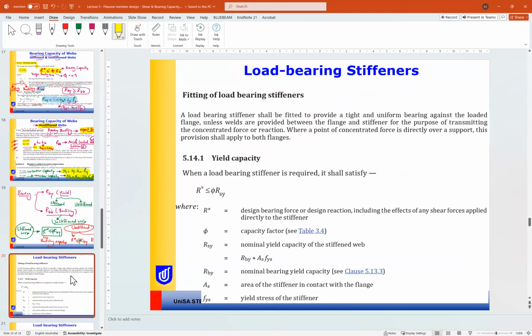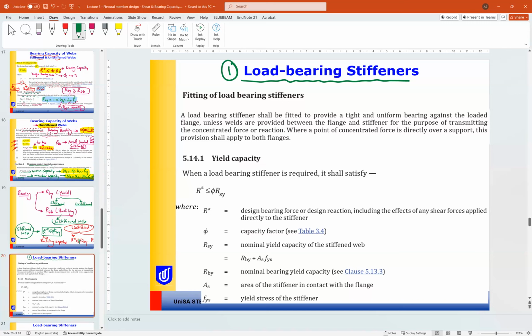Okay, so now after we check the web for shear and interaction of moment and shear, and we design or check the bearing capacity of the stiffener, the next part is how to design the stiffeners. We have different types of stiffeners. The first one is the load bearing stiffener.